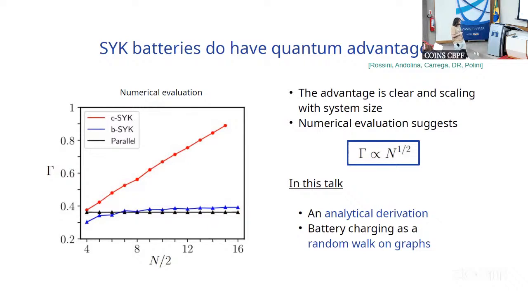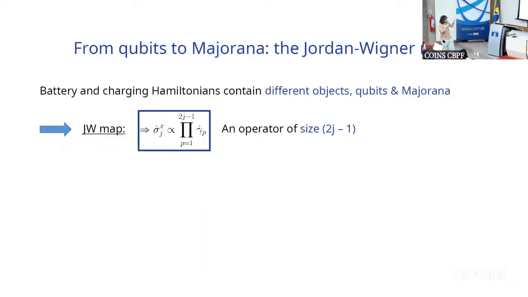Okay, let's start. So first point, we need to put things together. We have qubits on one side, Majoranas on the other side. We need some mapping between the two. And we know from our undergrad that this mapping is provided by Jordan-Wigner. There are many others, but let's take Jordan-Wigner, in which essentially you can map qubits to fermions and then to Majorana fermions.